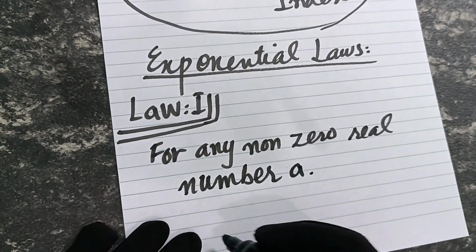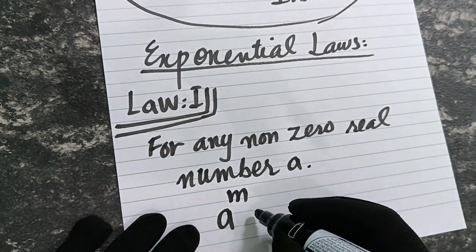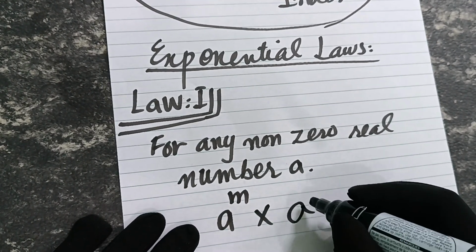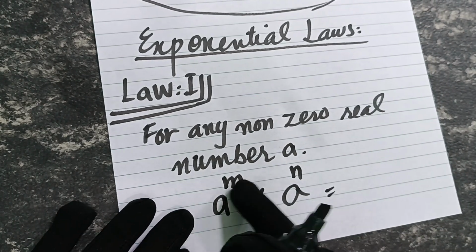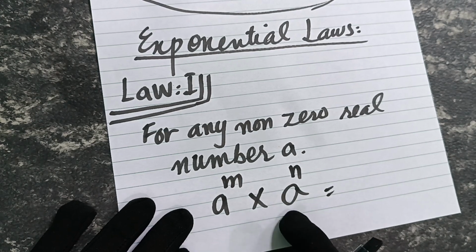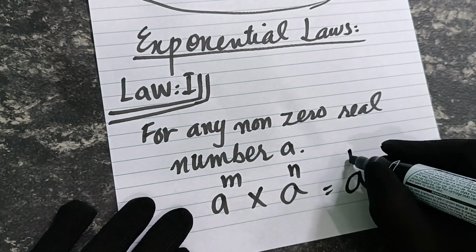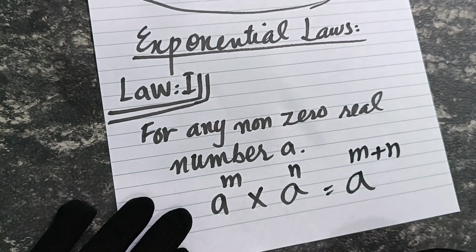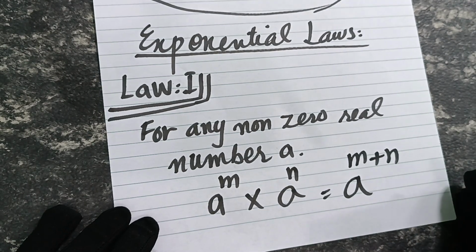We can say a has some power m, and it is multiplying with the same number with a different power n. If the base number is the same and they have different powers, when we multiply those terms, we write that term one time and we add their exponents, m plus n. This is the first law of indices.